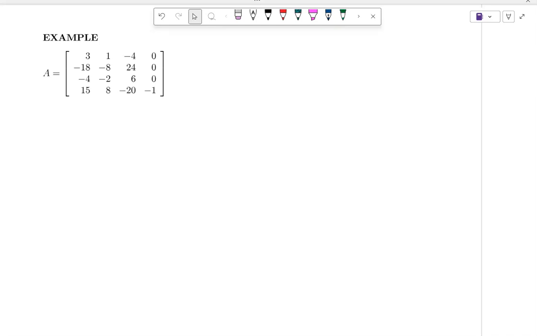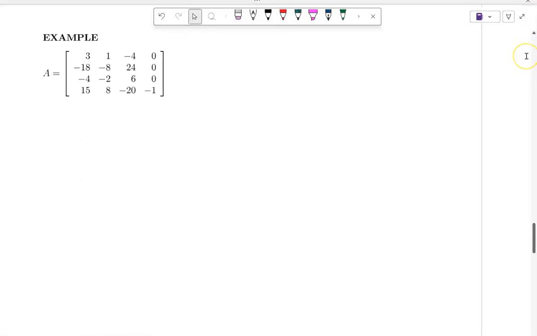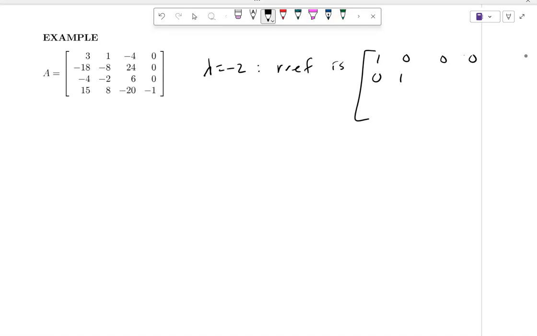So if I flip back over here real quick, okay, so that's not what I wanted to do. For lambda equals -2, our reduced row echelon form is 1 0 0 0, 0 1 0 1/3, 0 0 1 1/12, 0 0 0 0.